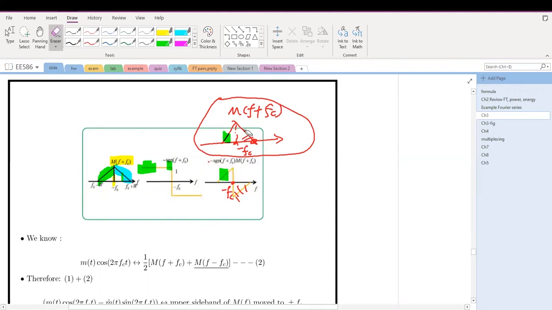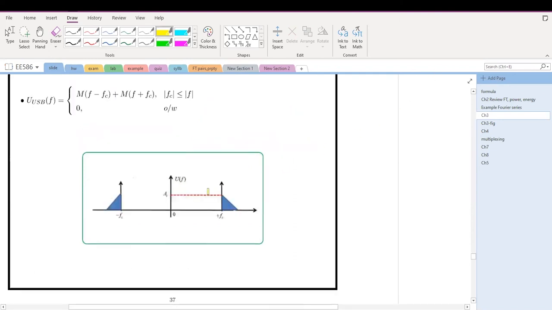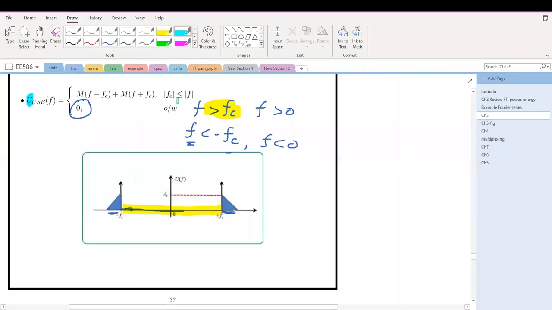For the lower sideband, the positive portion and negative portion cancel each other out. What we are left with is this portion and this portion. So that's the upper sideband. If we combine them together as a positive frequency, we obtain the upper sideband modulation.